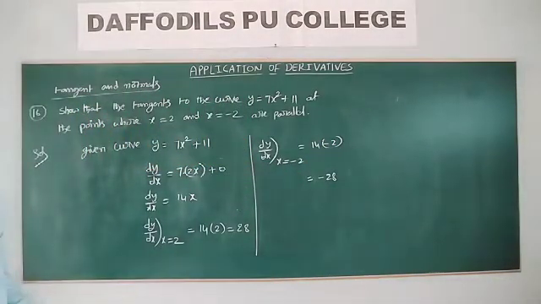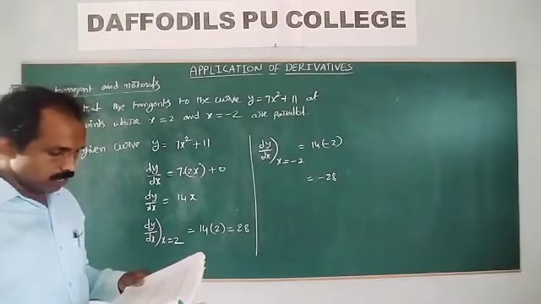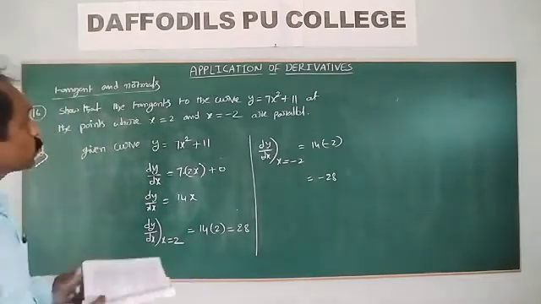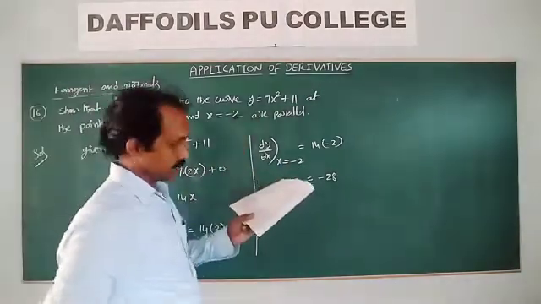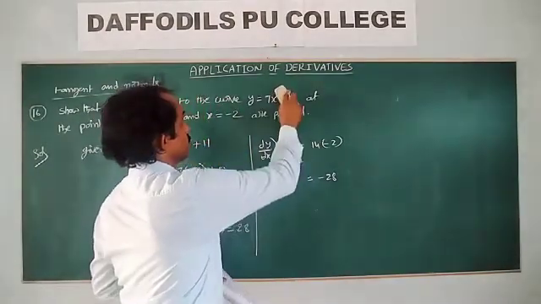Show that the tangents to the curve y is equal to 7x square. Oh, sorry, this is 7x cube. 7x cube plus 11.